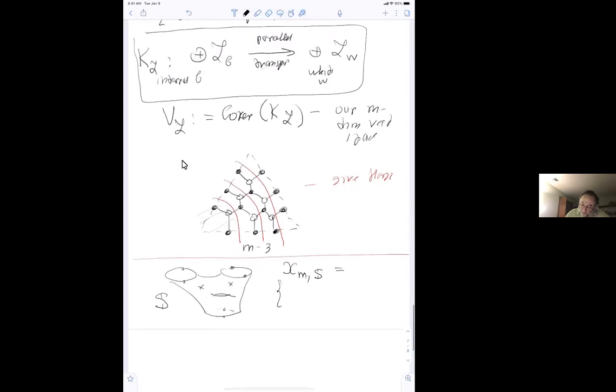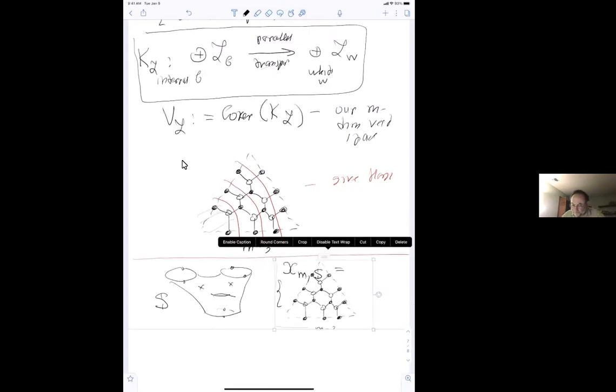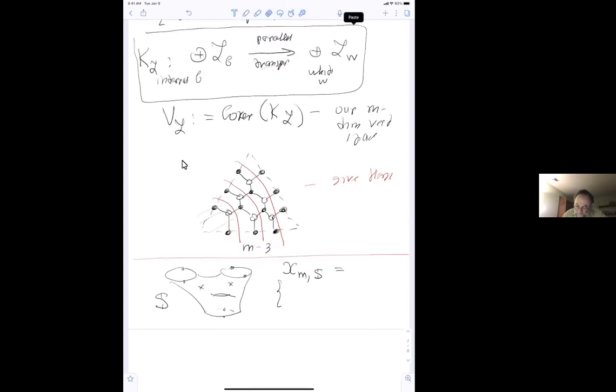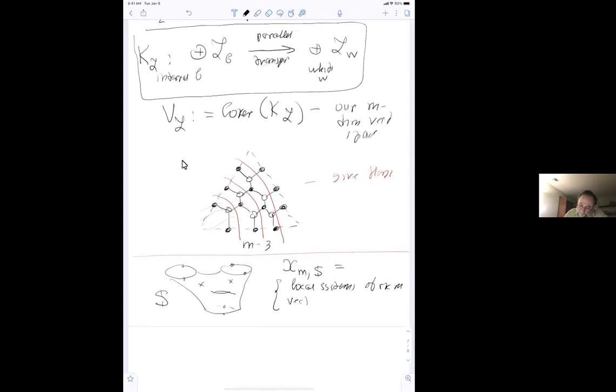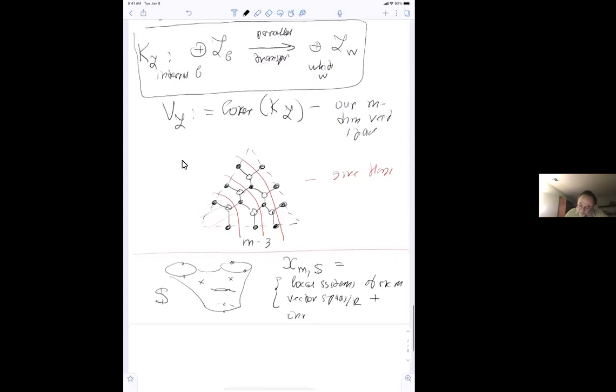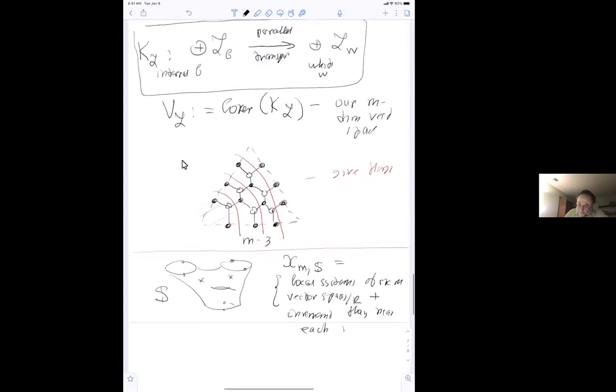It's a moduli space of local systems of rank M of these R-dimensional vector spaces over R plus invariant flag near each marked point.